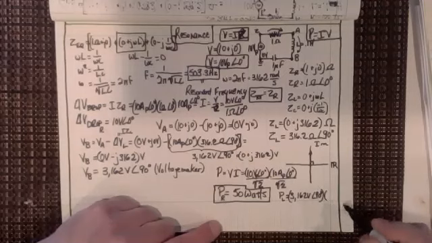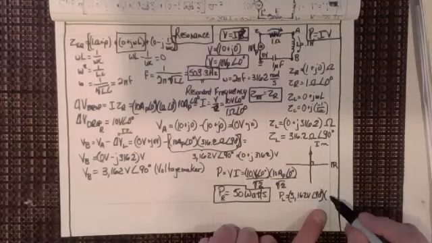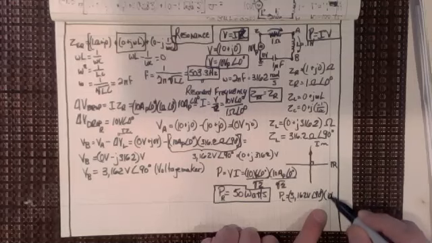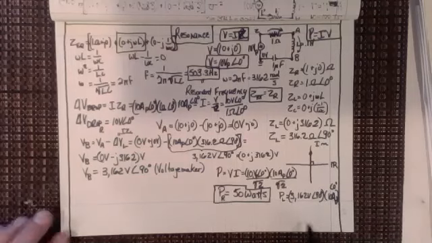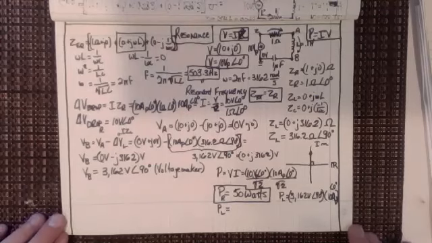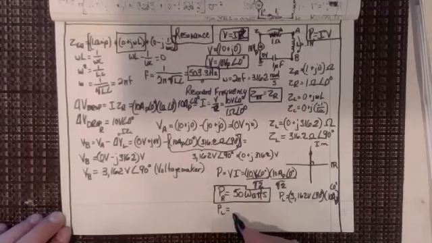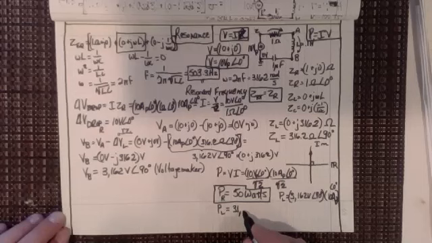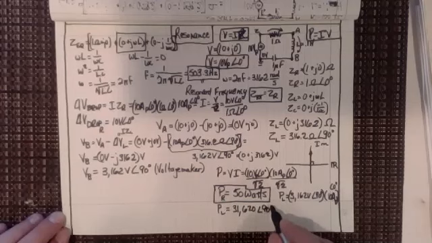And then I'm going to multiply that by the current through there, which is 10 amps peak at 0 degrees. I'm trying not to go over that line. And so you can see that the power for the inductor is going to be, did I do that right? 31,620 at 90 degrees.